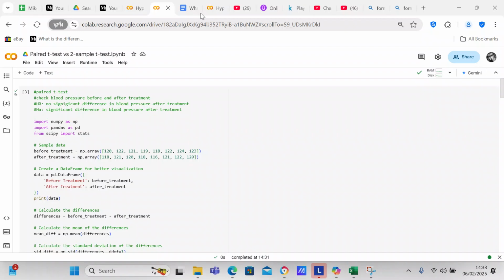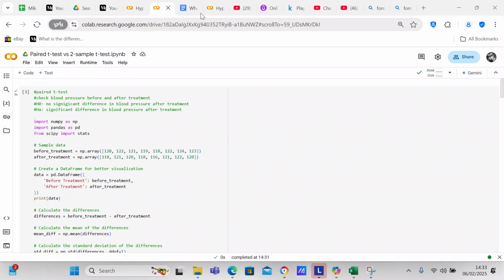In this video, I'm going to compare a paired t-test with a two-sample t-test, using the exact same data for the paired t-test that I used for the two-sample t-test. You're going to see for yourself that the t-statistic is different even though we're using the exact same data.